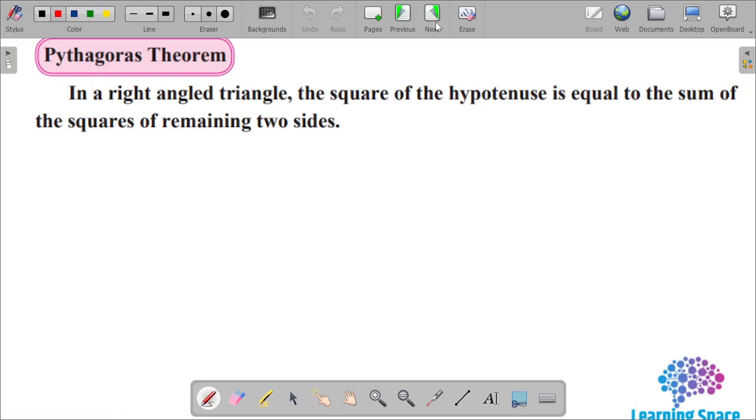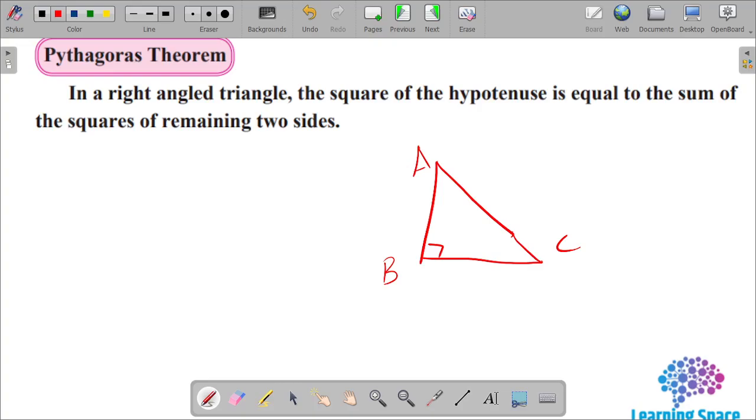So what does Pythagoras theorem say? Suppose this is a triangle A, B, C, and this angle B is a right angle.